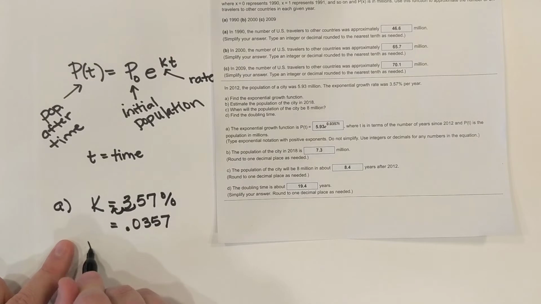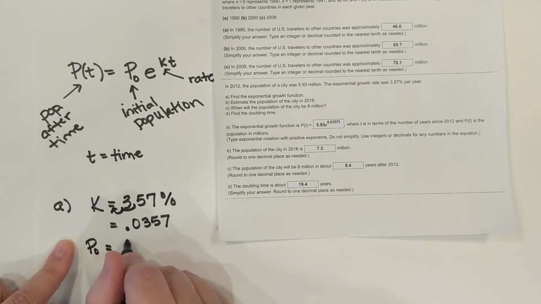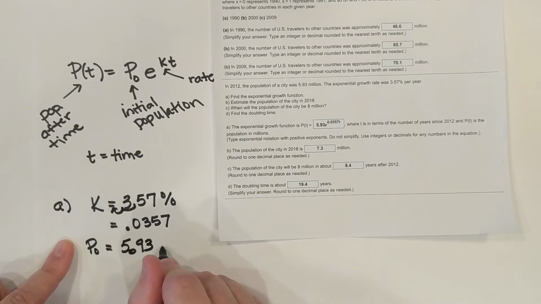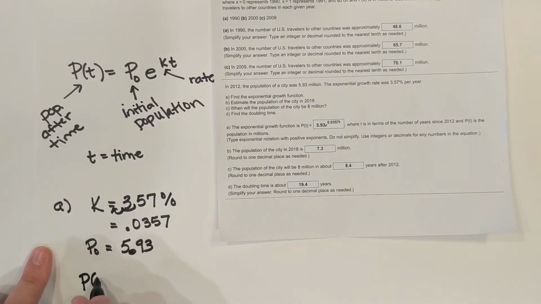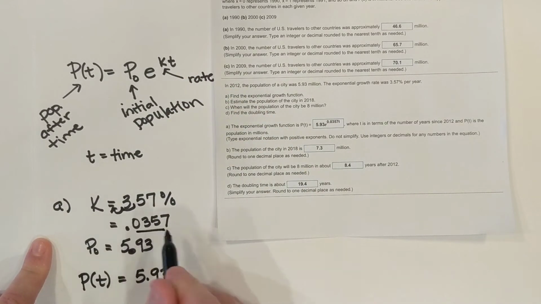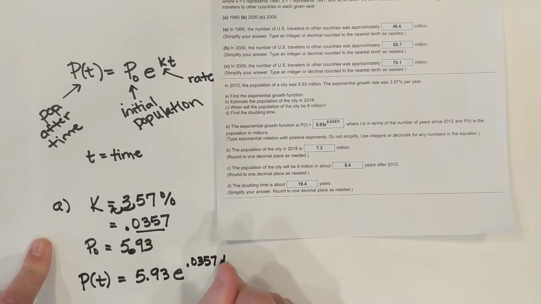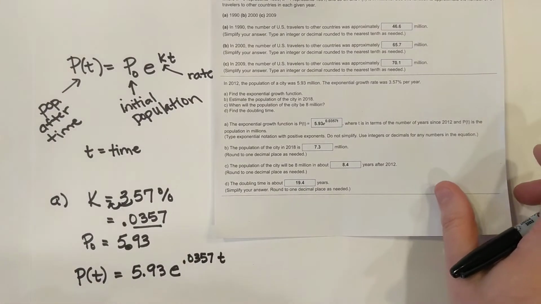And the initial population, according to my problem right here, 5.93 million. 5.93. All right, so on part A, my function is P of t equals the initial population, 5.93, E, that constant, and then the rate we said was here, 0.0357, and then t will be the time we can plug in. All right, so that's part A. Let's go to part B.